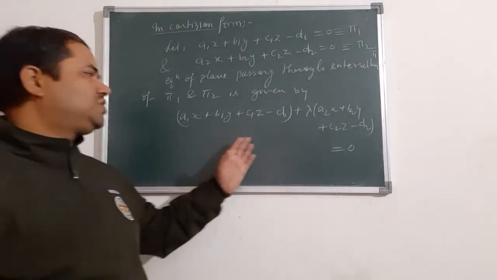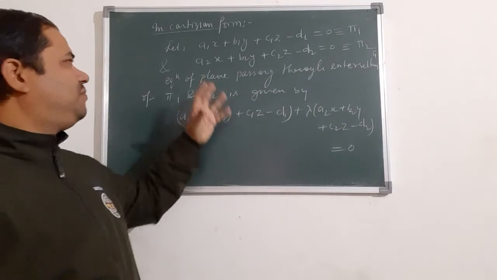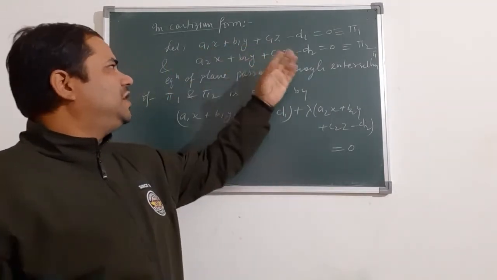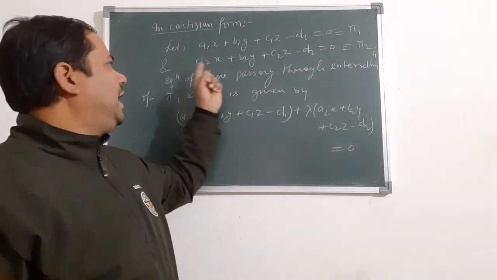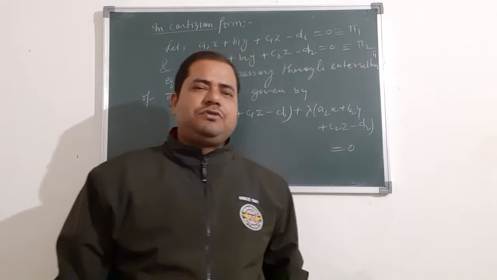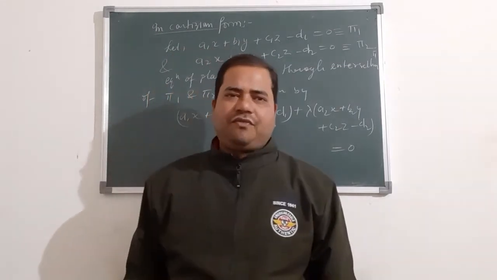So this is the equation of plane passing through the intersection of these two planes, a1x plus b1y plus c1z minus d1 is equal to 0 and a2x plus b2y plus c2z minus d2 is equal to 0, in Cartesian form.